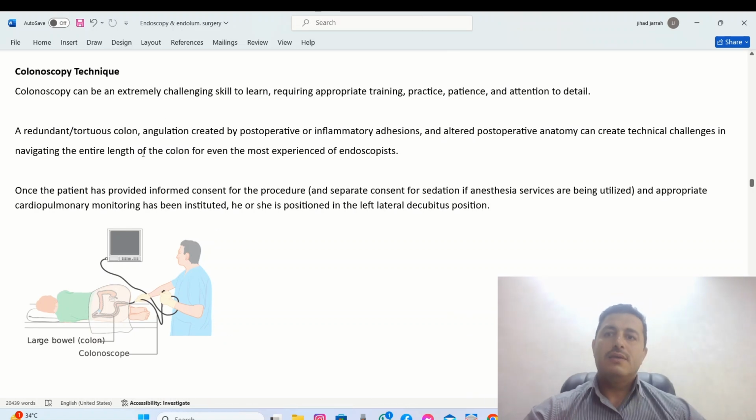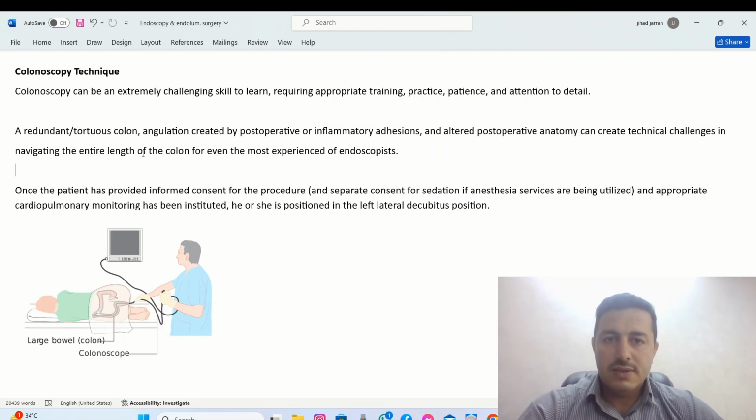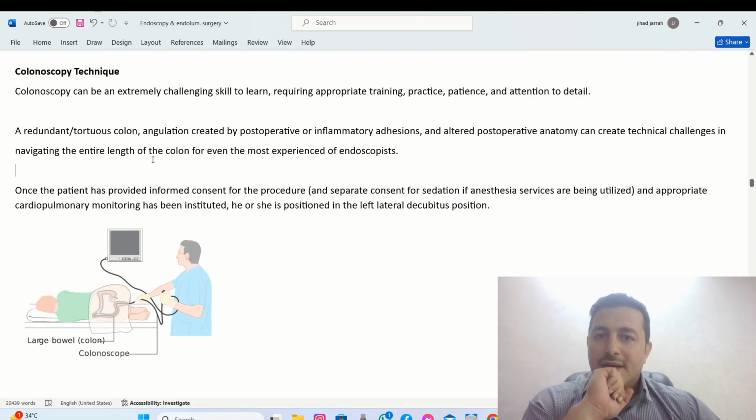Okay, colonoscopy technique, and as we mentioned previously, colonoscopy is a procedure that you will gain experience by practicing. Okay, theory will help us, but practice is the way to gain experience. Of course, not all procedures are easy to perform.